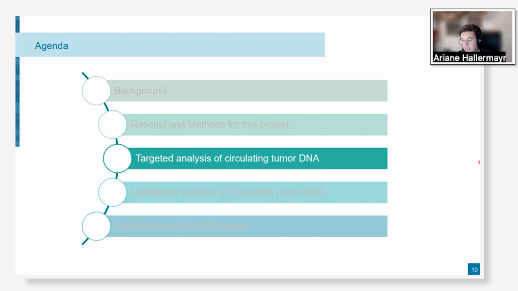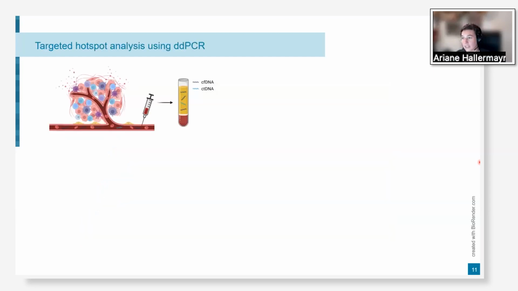on droplet digital PCR. Droplet digital PCR enables the distinct detection of specific hotspot variants by partitioning cell-free DNA, following isolation, into up to 20,000 droplets that contain either wild-type alleles only, circulating tumor DNA, so mutant alleles only, or both alleles.